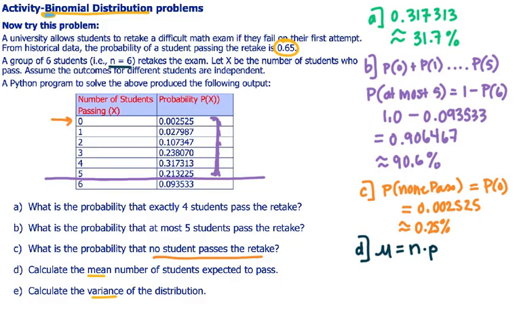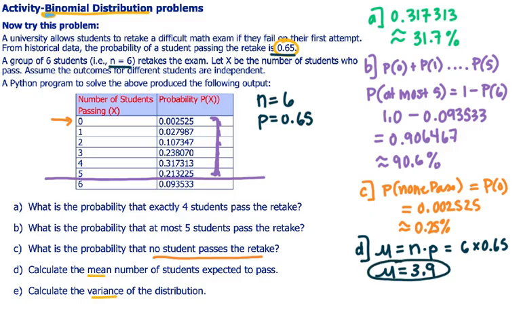So in this experiment, n equals 6, and the probability of success, which is passing, is 65%. Therefore, we can just plug those numbers in, 6 times 0.65, and that calculation alone will give us the mean. In this case, the mean is 3.9. So on average, if I have 6 students that I'm allowing a retake, I would expect that 3.9 of them will pass. So close to 4 students will pass is what I would expect on average if I repeated this experiment over and over and over again.